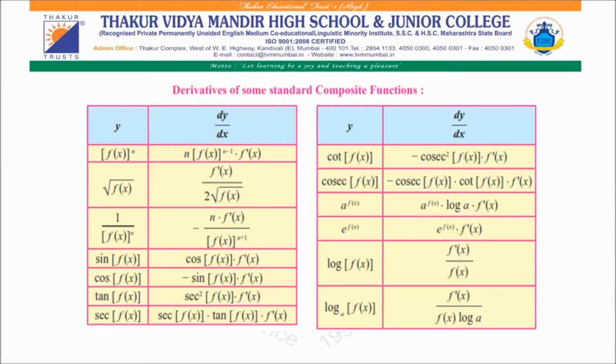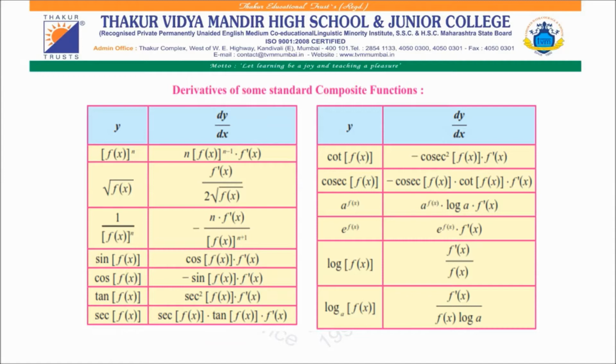Next, cosec f of x, its derivative is minus cosec f of x into cot f of x into f dash x. Okay, now the exponential function a raised to f of x, its derivative is a raised to f of x into log a into f dash x. Next, e raised to f of x, its derivative is e raised to f of x into f dash x.